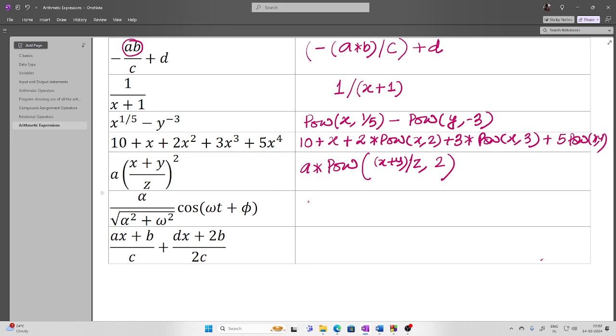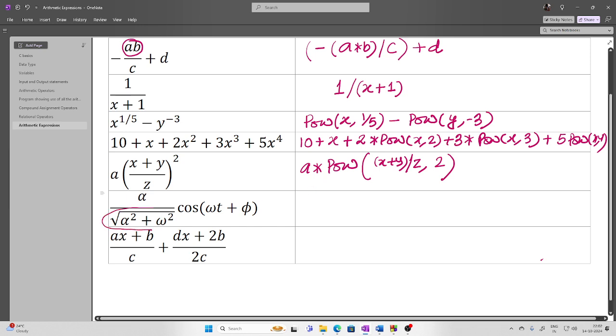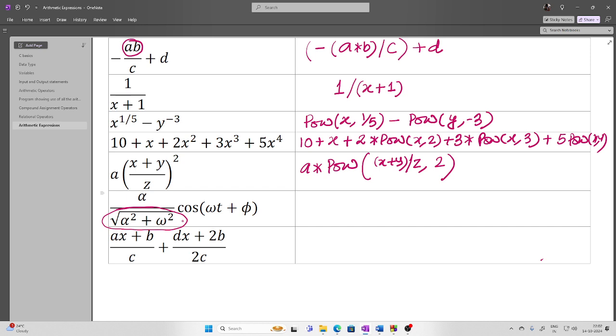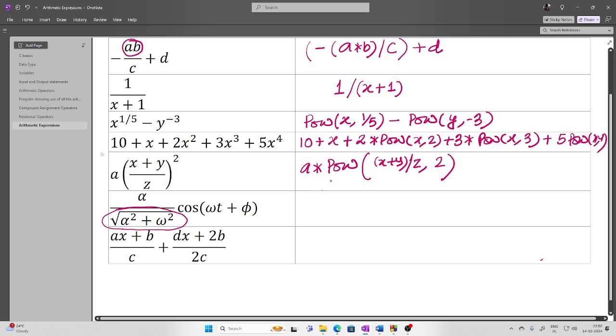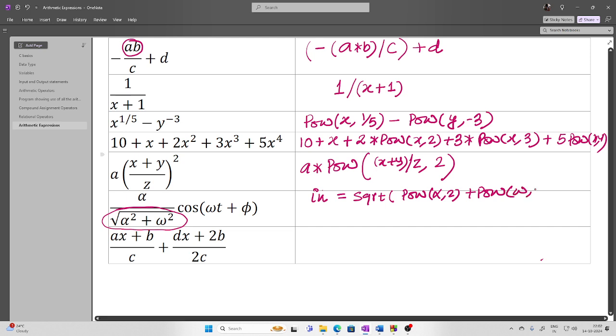Here, what you can do is assume this denominator as some intermediate variable. You can assign it to some intermediate value. Let's say I'm assigning it to alpha, beta is already there. So let's say it is in, intermediate, and I am saying it is nothing but sqrt of power of alpha 2 plus power of omega 2.